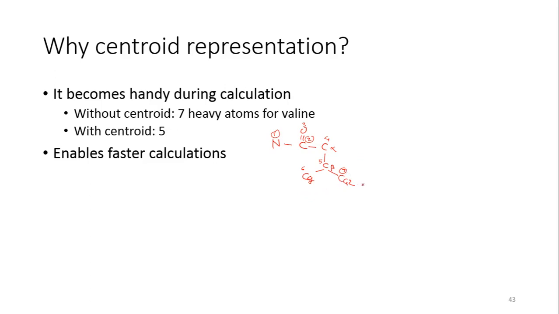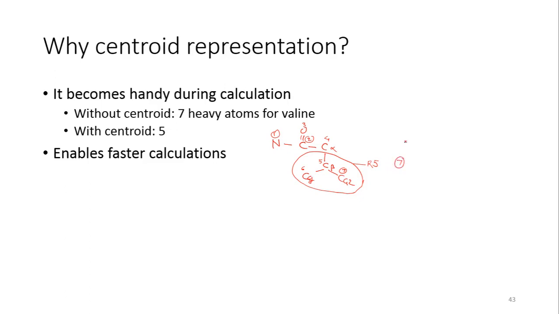And if we use this centroid representation and consider your entire side chain as a single entity R, then we would have to deal with only 1, 2, 3, 4 and 5 entities. We have to deal with only 5 rather than 7.